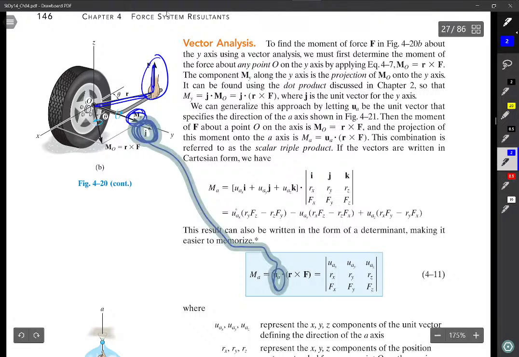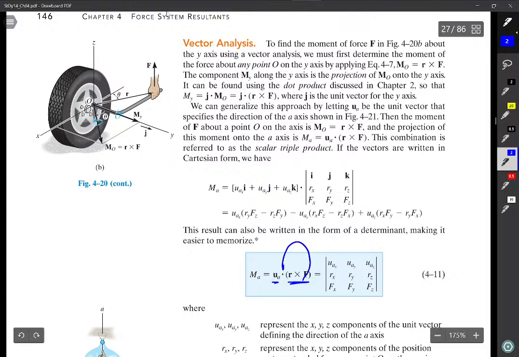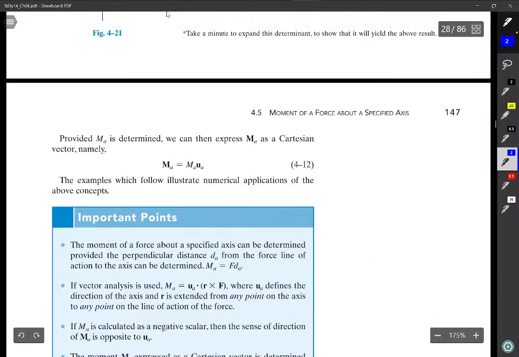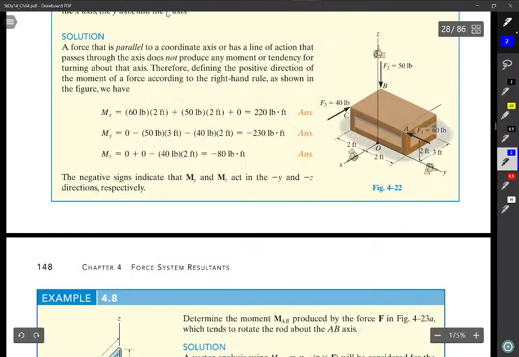So what does he do? He comes up with this method by saying, I have some sort of moment. I have a direction onto which I want to project that moment to find out what's the moment along that projected line. And that's a pretty standard thing to do.